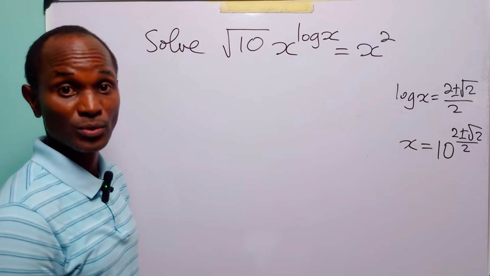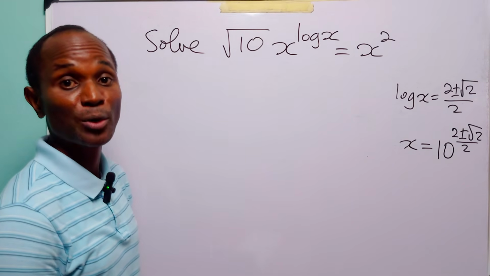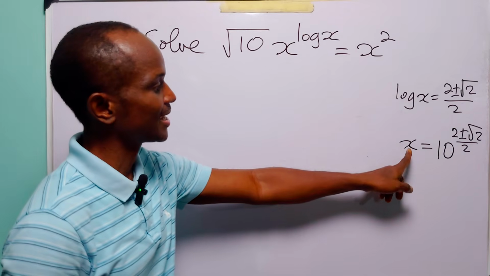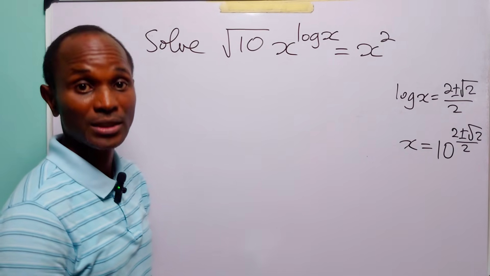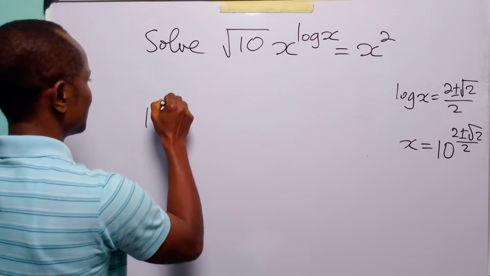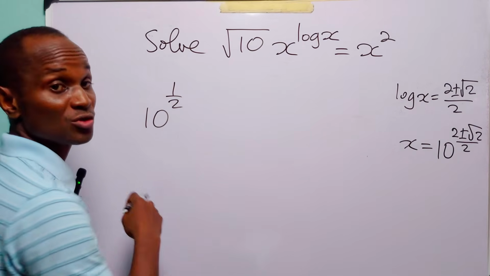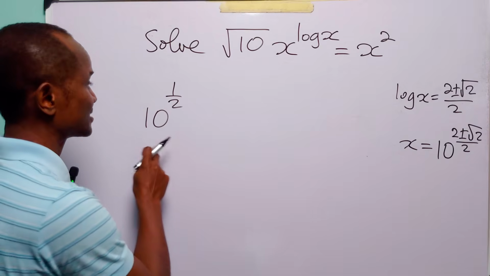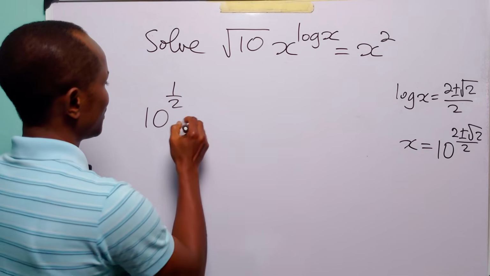Now, to check our answer, all we have to do is to substitute the appropriate values of log x and x into the original equation. So when we do that, here we have 10 to the power half. Of course, you know that the square root of 10 is the same as 10 to the power half.